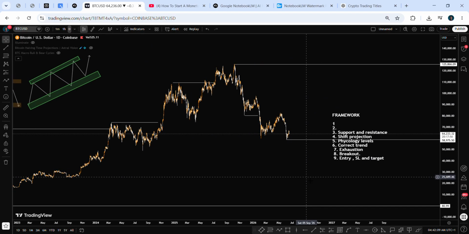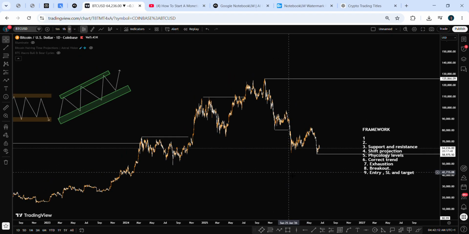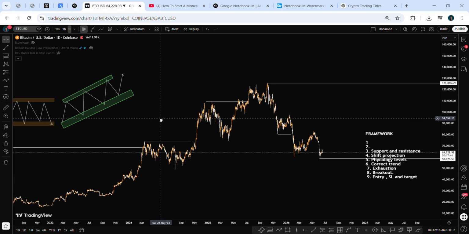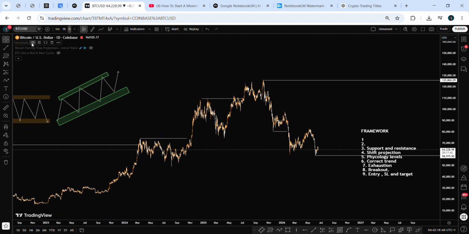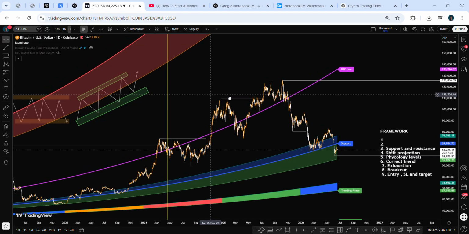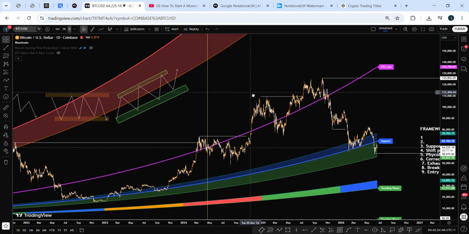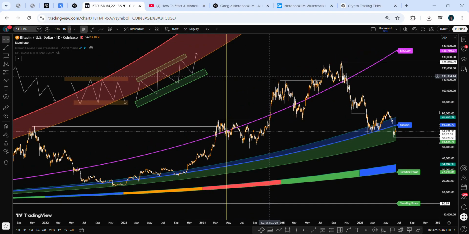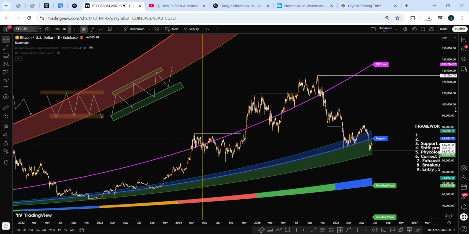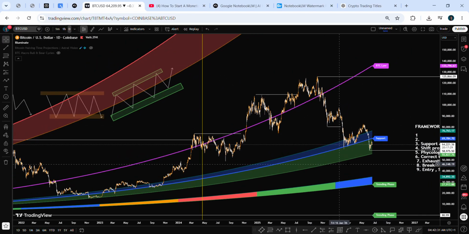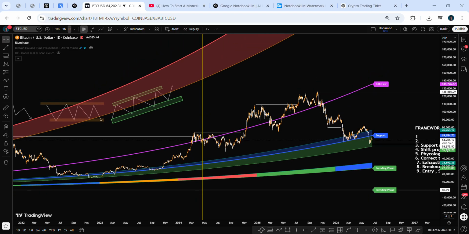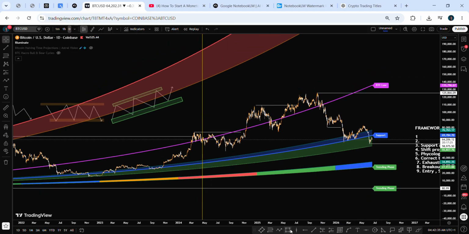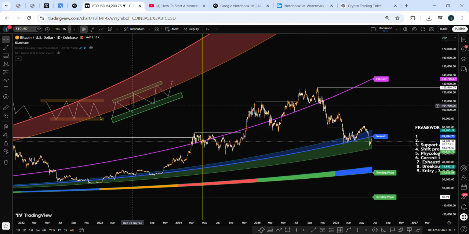So the indicator I now use to back my support and resistance up is the Illuminate indicator. This indicator is basically giving me support and resistance in the form of a range and a channel, something like this.